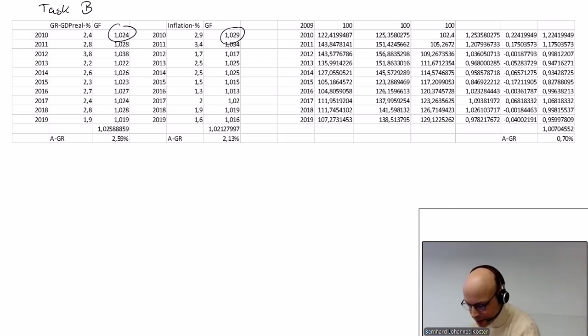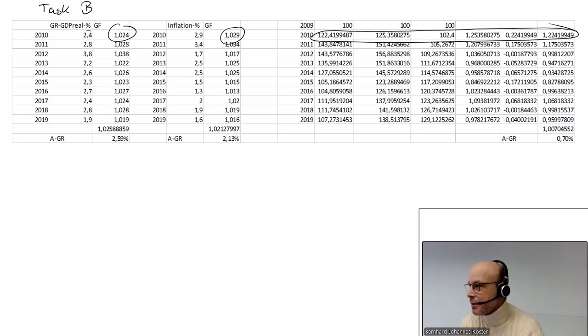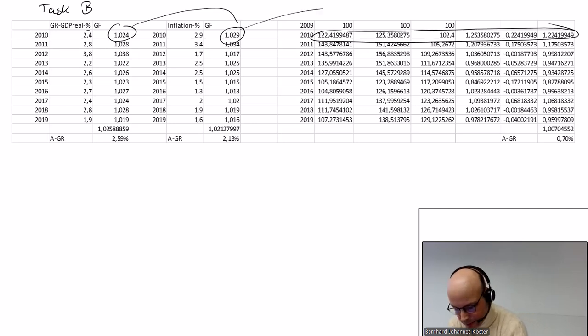Formula, formula, formula. No, this is the data. And especially here, all this was a little bit more complicated. Formulas.